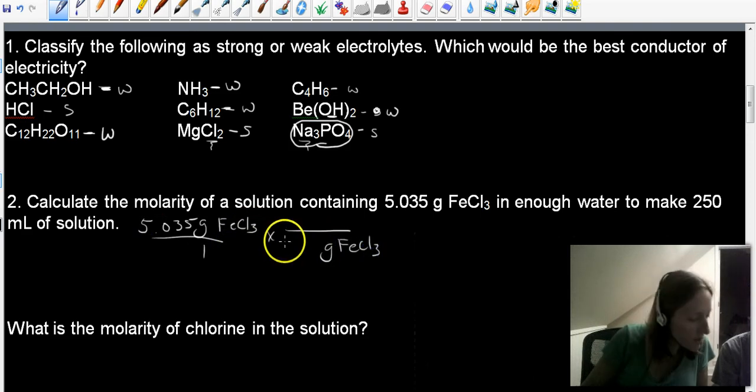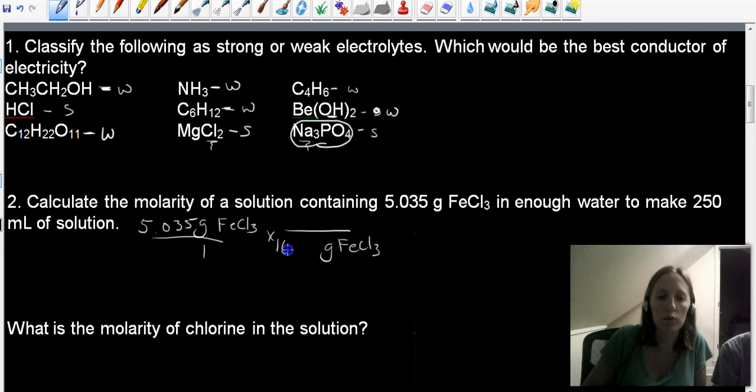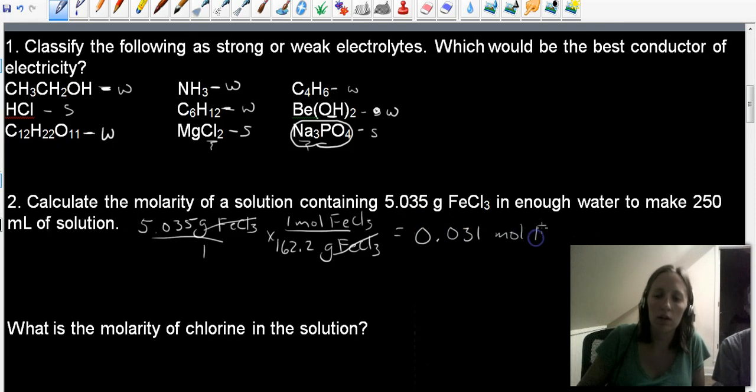And the molar mass, I have 162.2 per mole. Giving me 0.031 moles iron 3 chloride.